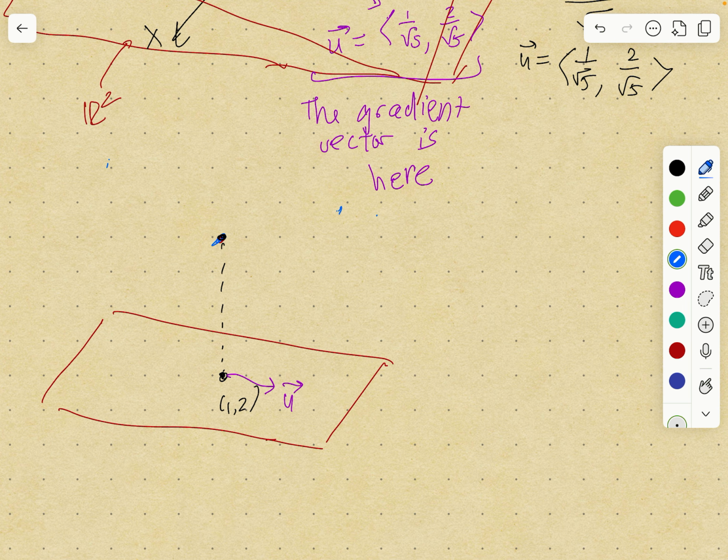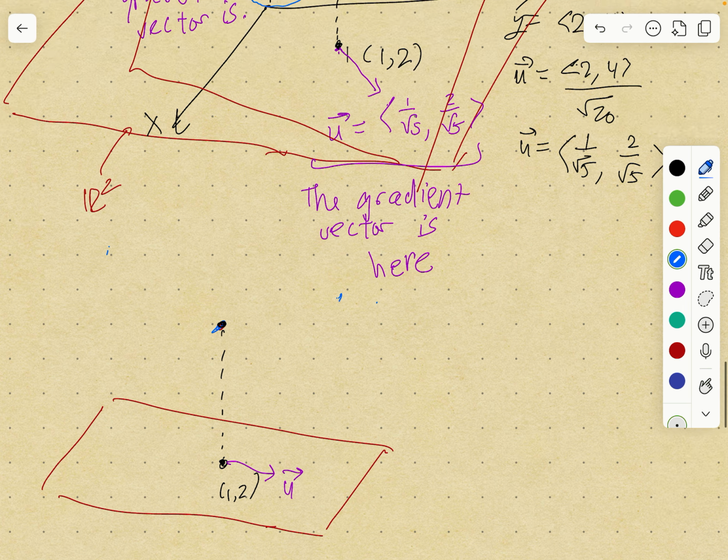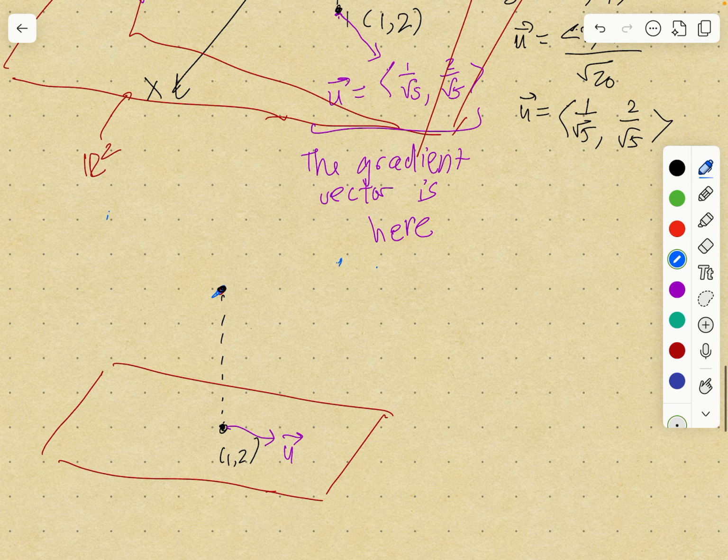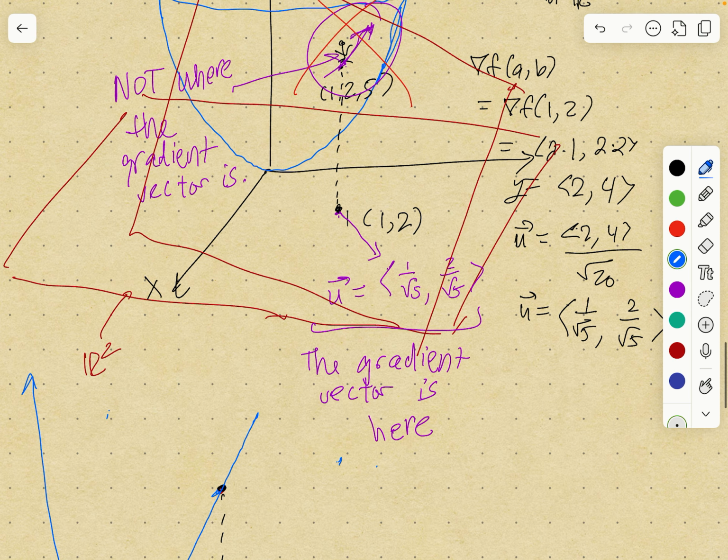If you imagine taking this vector and then taking a plane that's parallel to this vector and slicing the paraboloid, you're going to get this cross section, and it's going to look like that. Does that sort of look like that?